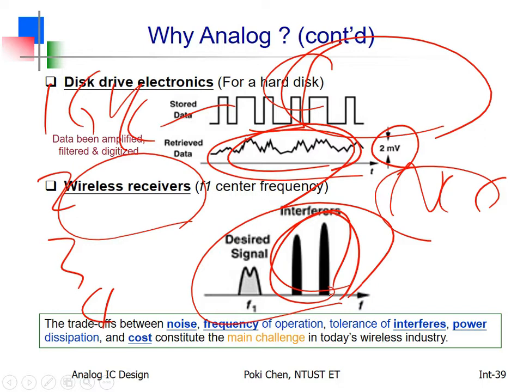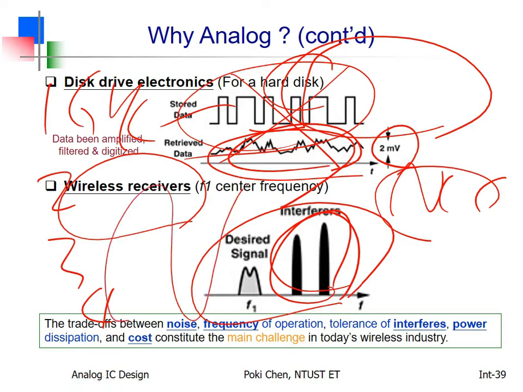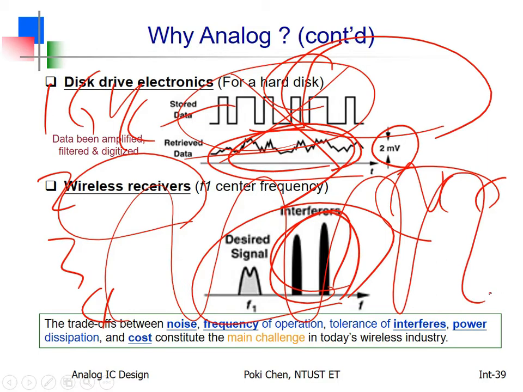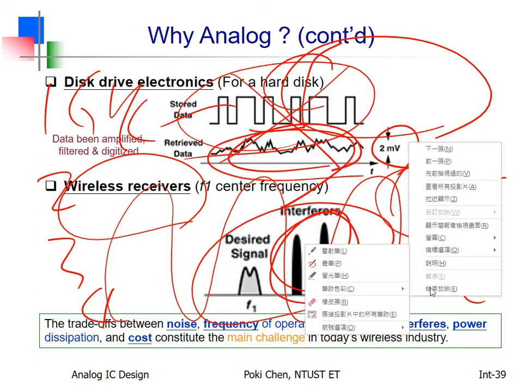Okay? Again, nothing in the air should be in digital. Sorry for that. It should be in analog. You cannot transmit such kind of square wave into the air. The only allowable signal is sine wave. You need to transmit sine wave, analog wave, into the air to make sure that if you transmit at 1 gigahertz, it is only 1 gigahertz.